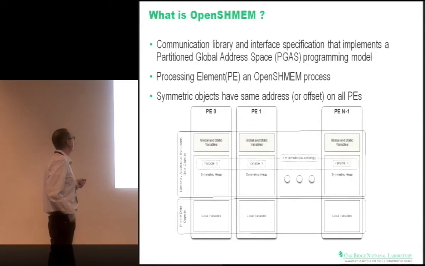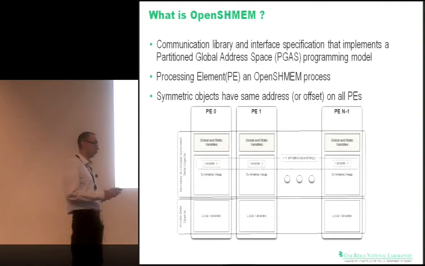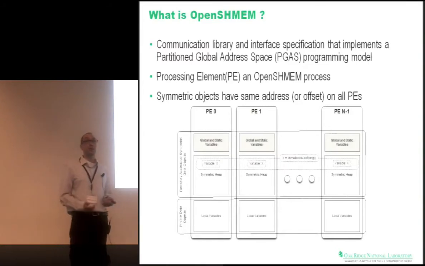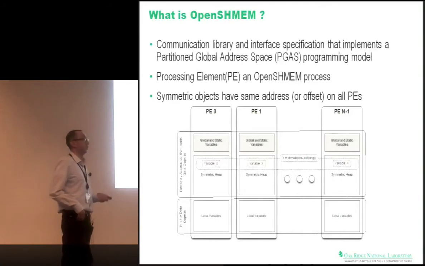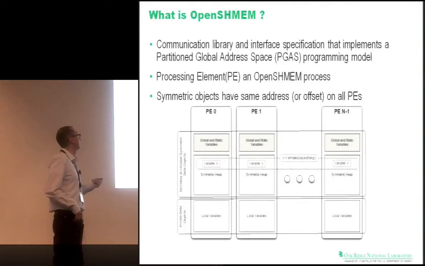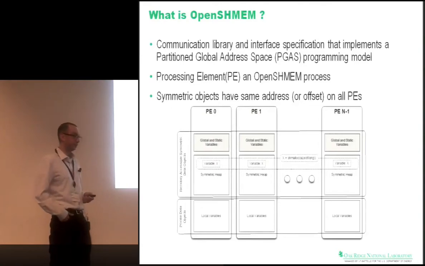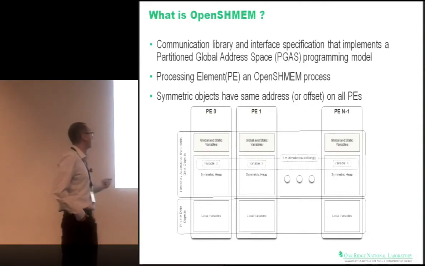Inside of this symmetric data object, we actually have two different types of data objects. One type is global and static variables. These are essentially C and C++ global and static variables that any other PE may access, modify, and read. And we have the so-called symmetric heap. This is a sort of pre-allocated heap.